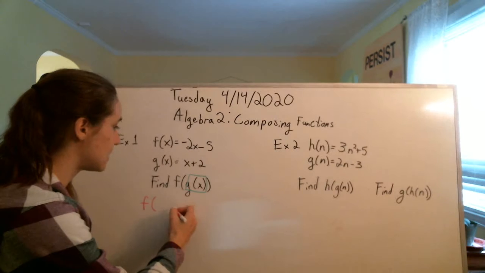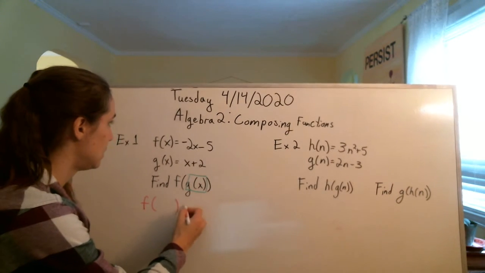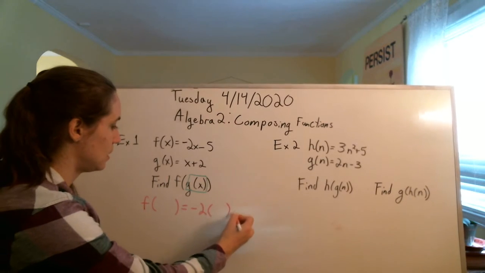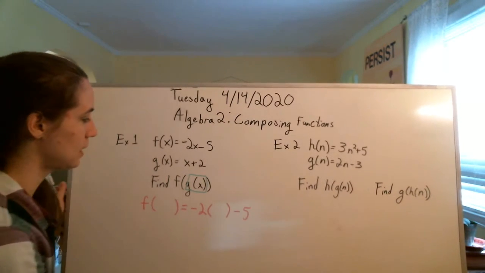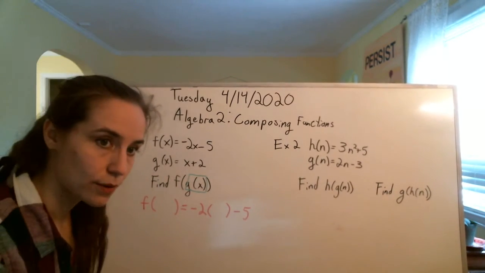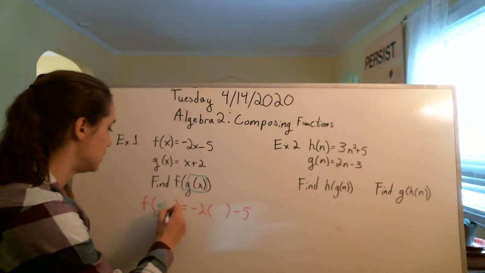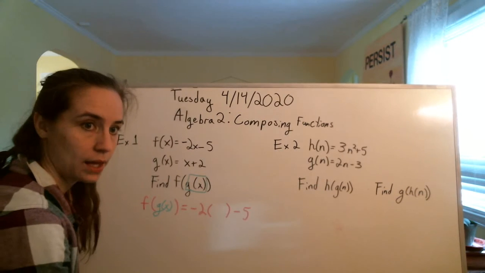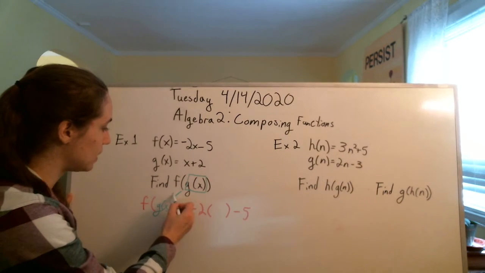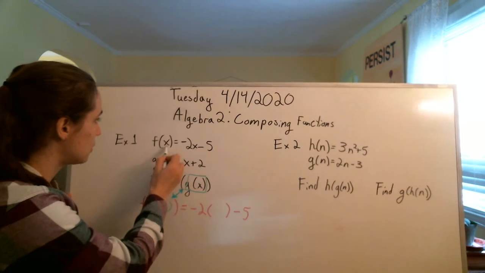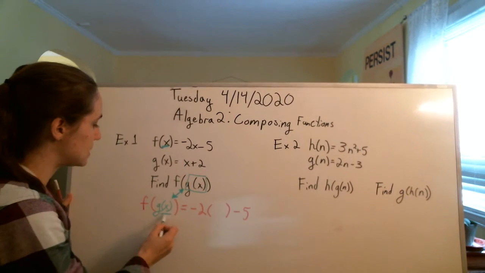F of, instead of writing x, I'm going to leave a blank, equals negative 2, instead of writing x, I'm going to leave a blank, minus 5. Okay? And in that blank, we're going to put our g of x function. So again, g of x goes here, okay? So that's exactly what we had right there, which basically means I took this x in this function and replaced it with g of x.